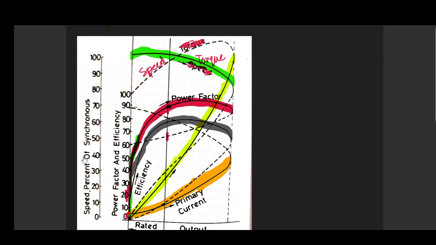And the reason is quite obvious, because to have a higher value of efficiency, you need to reduce the energy loss, meaning there should not be much difference between your output and input. If input minus output is quite large, then you will have a poor value of efficiency.